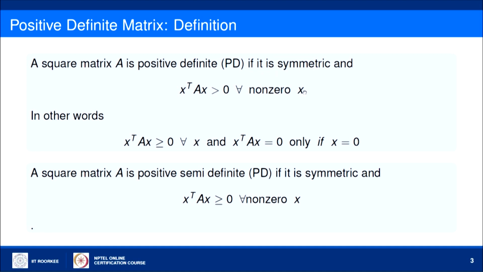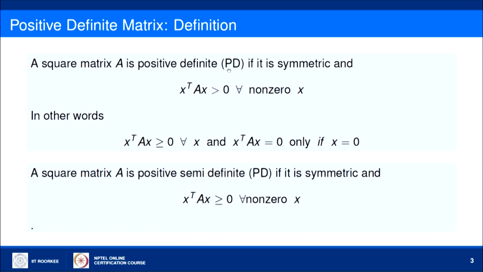So a square matrix A is called positive definite if it is symmetric and for a non-zero vector x, x transpose into A into x, which is a scalar, should be positive. Whatever non-zero vector x you take, x transpose A x should come out to be positive. If this is true, then we say the square matrix A is a positive definite matrix.